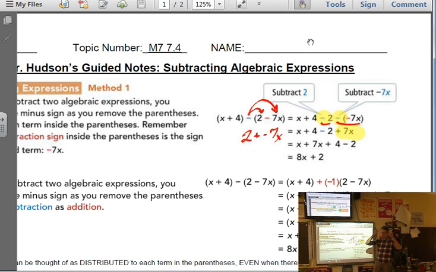Either way you think about it doesn't matter, but if it's the opposite of a minus, it's addition. If it's the opposite of a negative, it's addition. So either way, we end up with positive. That's where people make their mistakes. So please be aware that the minus or that negative has to be distributed to each term in that expression.